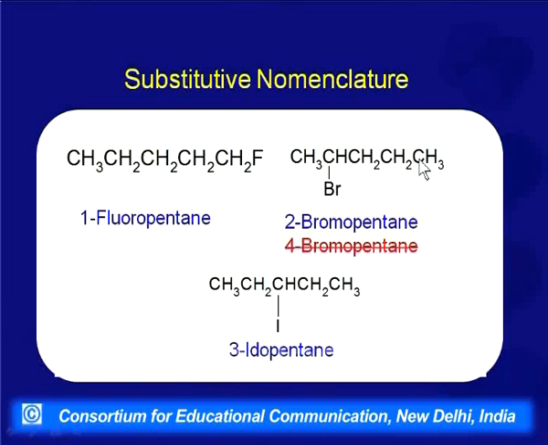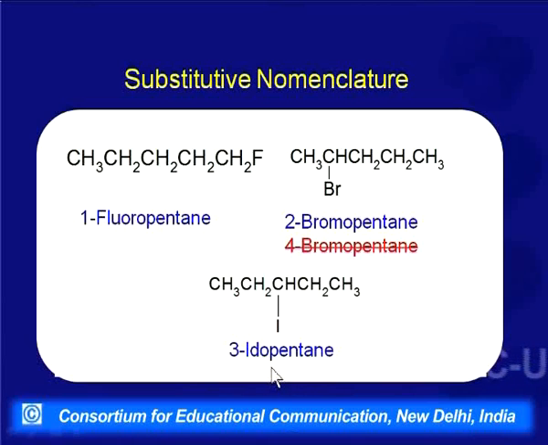So it's a pentane with bromine atom attached at second place, we call it 2-bromopentane. And suppose we start it from this carbon, it will become 4-bromopentane, and by the nomenclature rules it will become a wrong nomenclature. So 4-bromopentane is the wrong name of 2-bromopentane. You have to be very careful when you are naming alkyl halides.